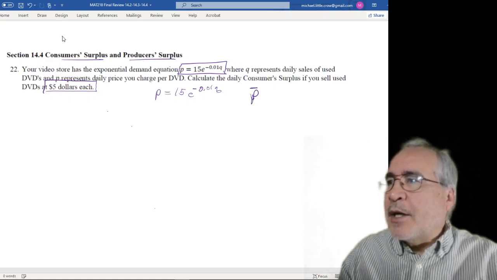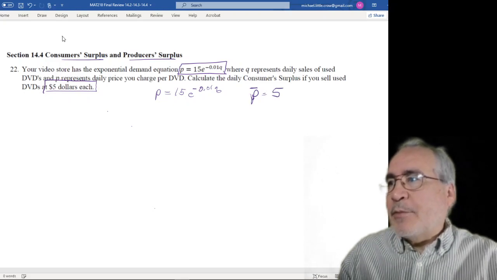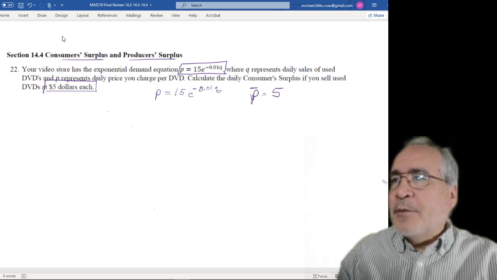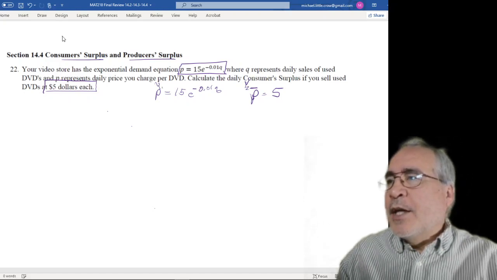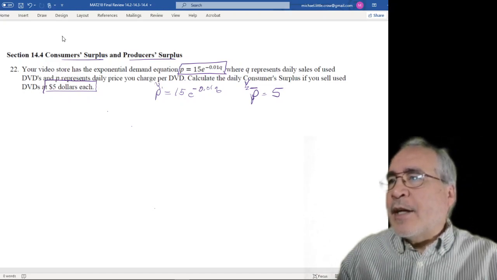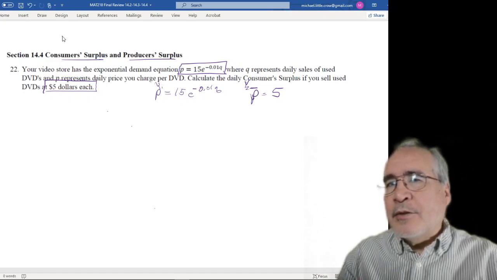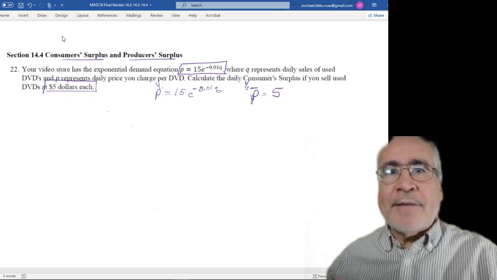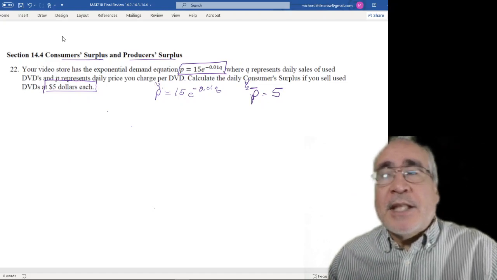We called it P bar before, so we'll just keep with that. It's going to be P equals 5. So these are our two functions. We'll graph one as Y1, graph the other as Y2. You'll see that Y1 is on top, so we'll do Y1 minus Y2, but we're going to wait a little bit till we graph it. Seeing is believing, right?